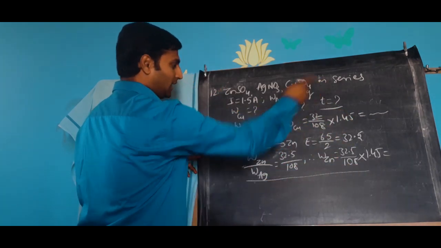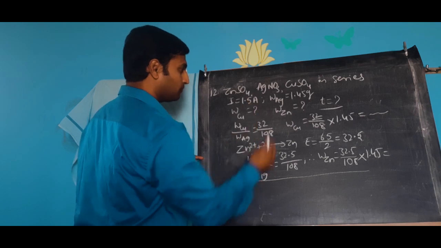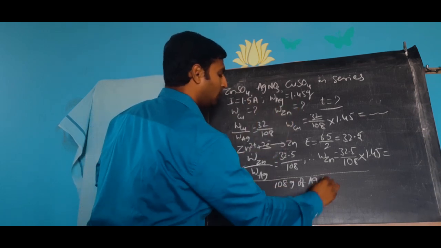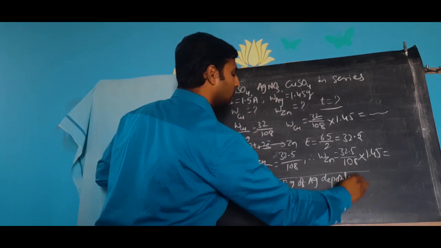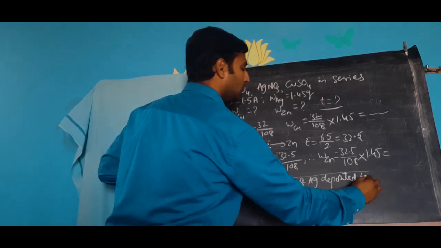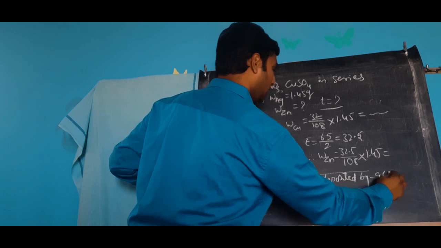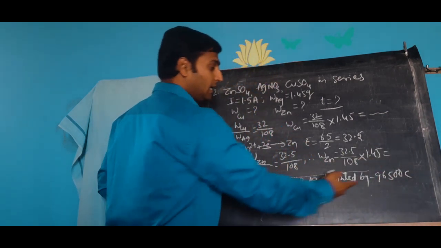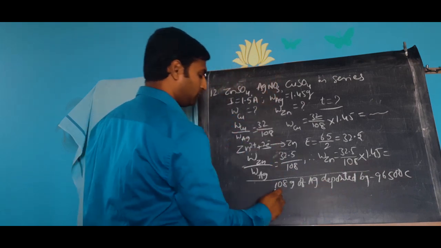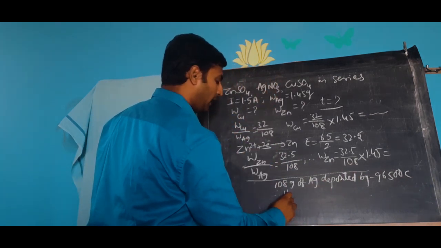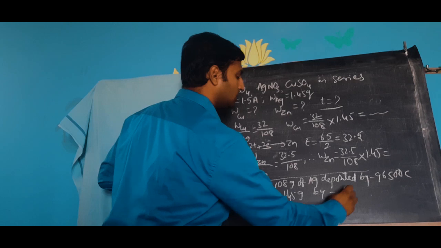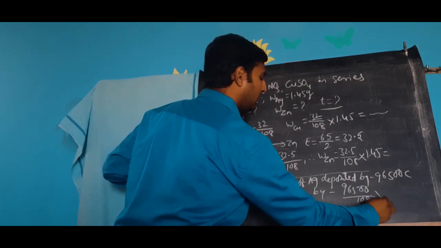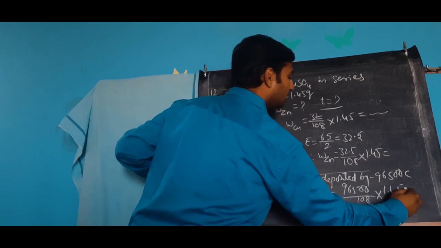Now to find out time, you need to know the charge. You know very well 108 grams of silver is deposited by 96,500 coulombs. Therefore, 1.45 grams by how much? You will get 96,500 by 108 into 1.45.